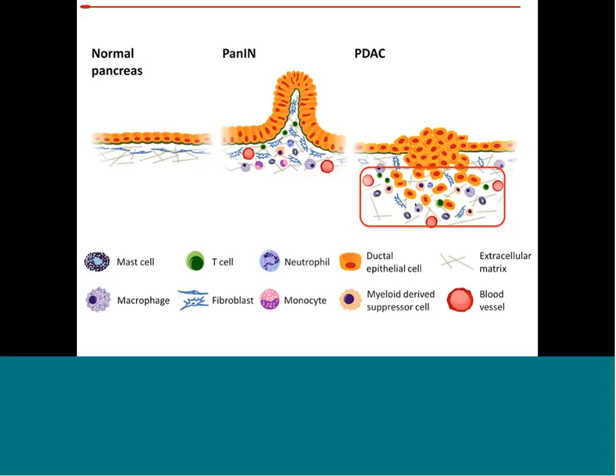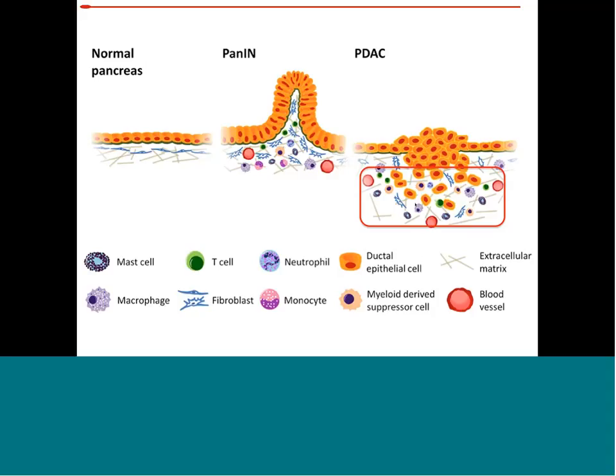If we're just studying the tumor by itself, it's probably not a good representation of what's really going on in the cells. So we're trying to really understand the disease and model it better by using the cells that are also helping that tumor to spread and helping that tumor to be protected from chemotherapeutic agents. And perhaps by doing that, we can do a better job of treating it.